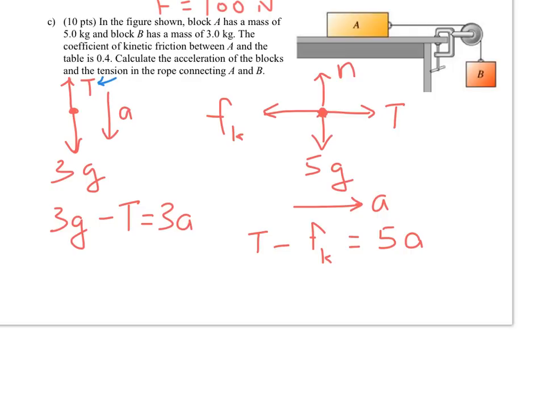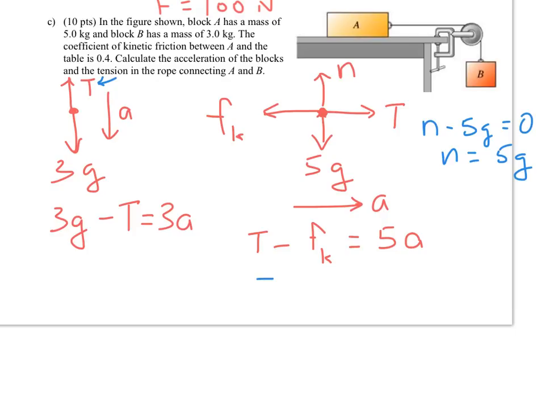Now, you also know that block A is not moving up or down, so its y motion has 0 acceleration. So sum Fy is equal to 0, which means that n minus 5g is equal to 0, or n is equal to 5g. Now, why do I need to calculate n?